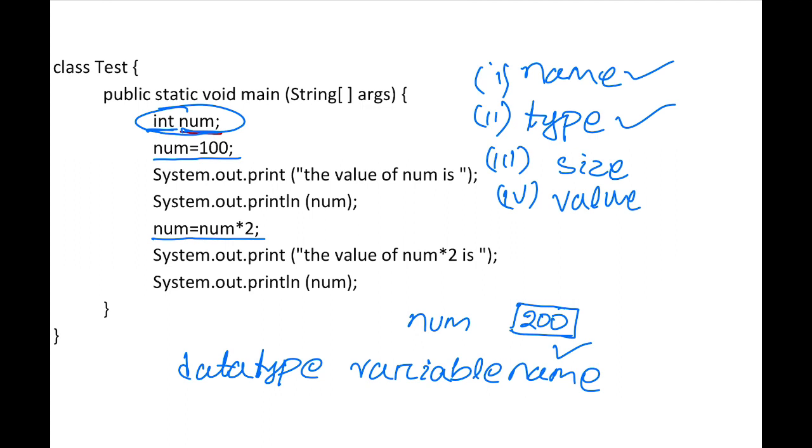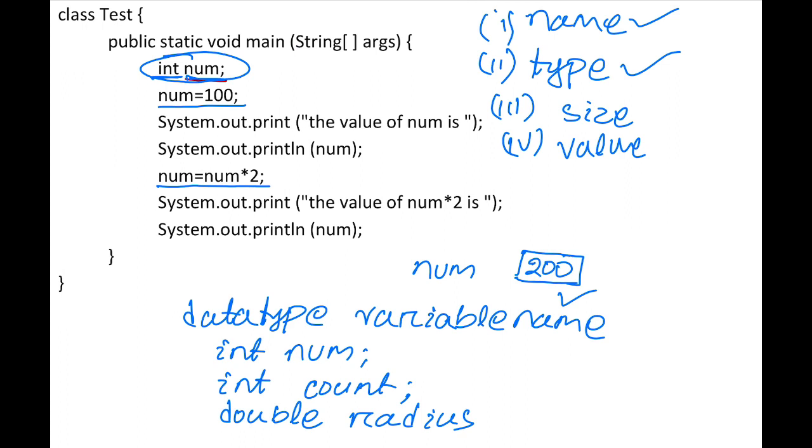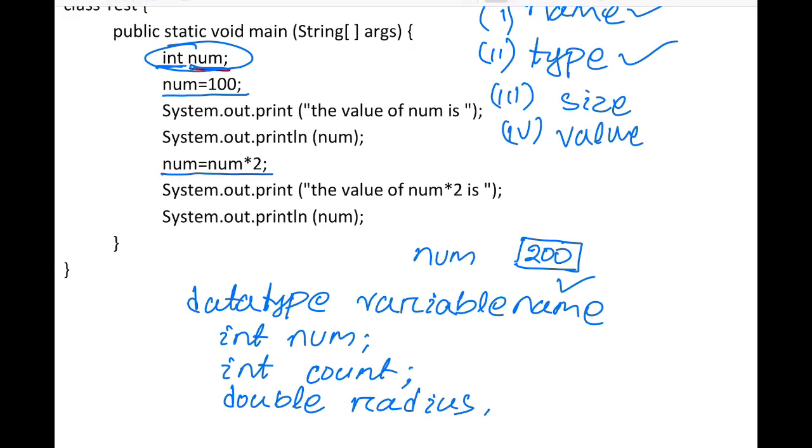So the examples you can see in this program we have written int num, or similarly we can take some other examples: int count, or we can write double radius, then we can write double edge, like this.